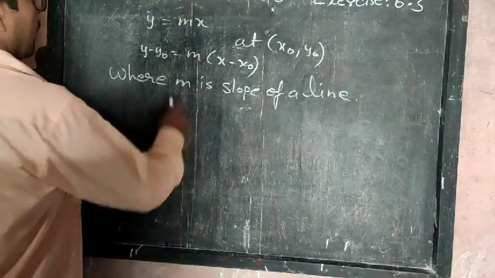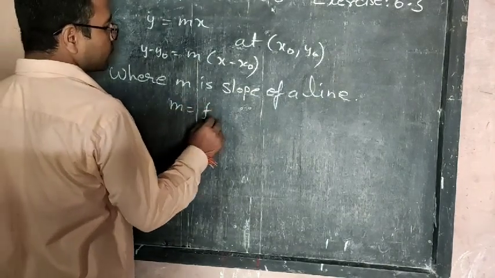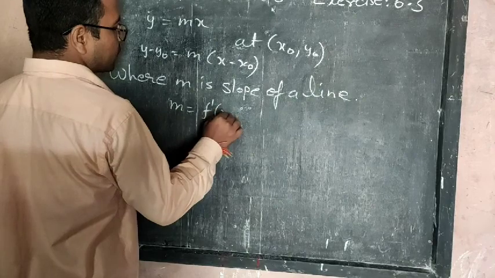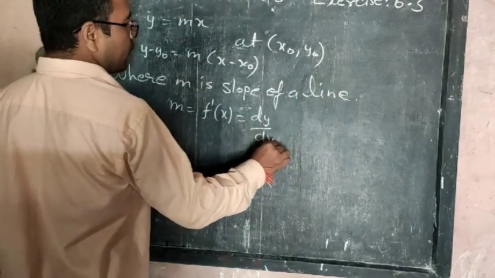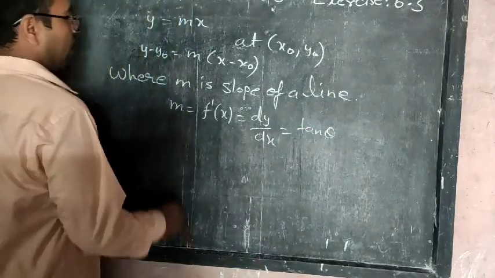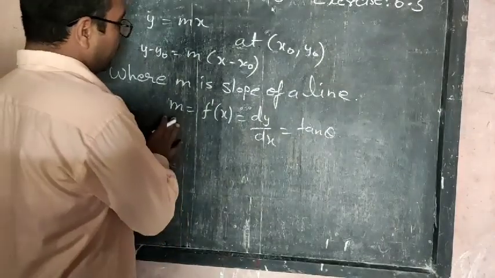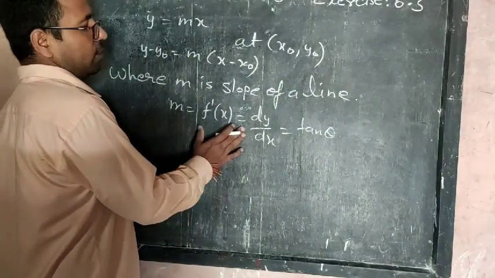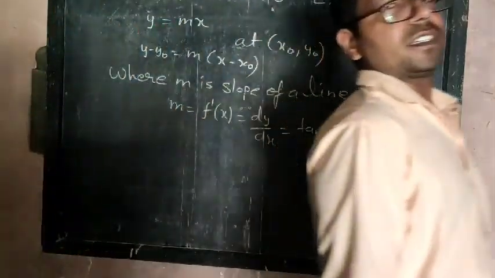So this m can be written as f dash x, or we can write dy by dx, or we can write tan theta. We can denote all these, where m is the slope of the line. So the slope of the line can be denoted by m is equal to f dash x is equal to dy by dx, or we can denote it by tan theta.